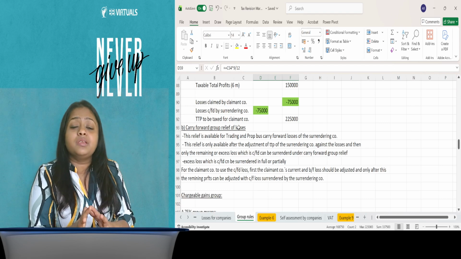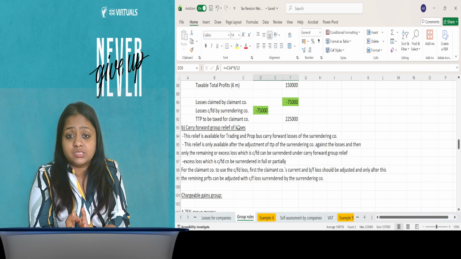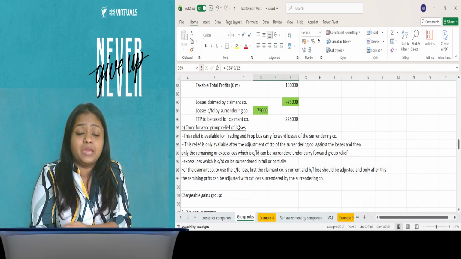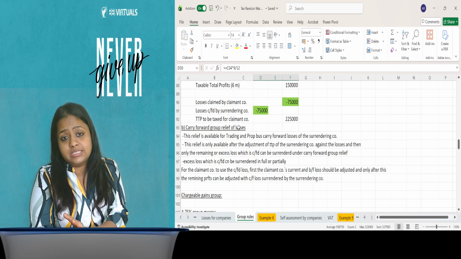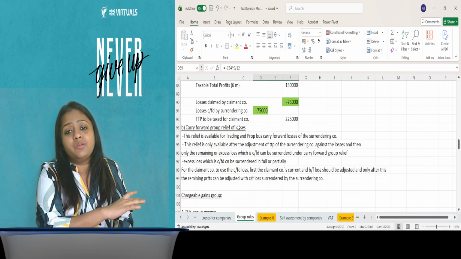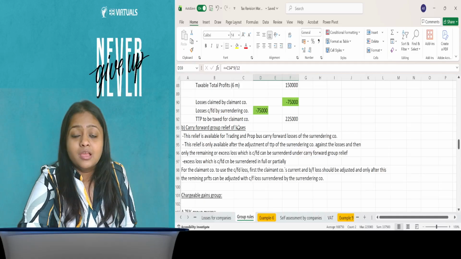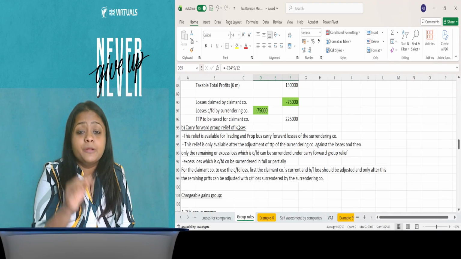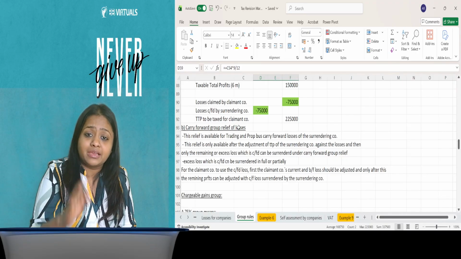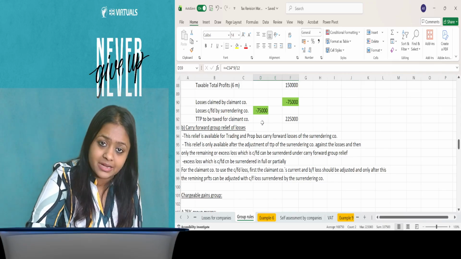So first the claimant company will adjust all its own losses, then arrive at TTP and even adjust its own QCD, then arrive at TTP, and against that TTP we will do the surrendering of losses. So surrendering of losses will be the last point. Group relief is last. First do your current year, carry back, carry forward, all that relief. Done? Okay.